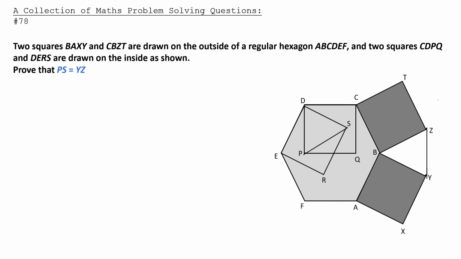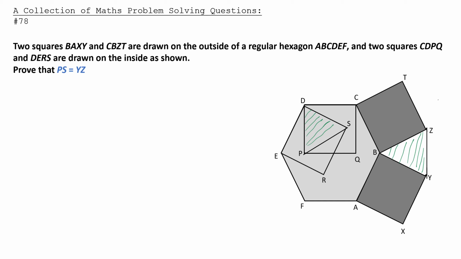Now if you notice the lines PS and YZ, you see they are part of two triangles. So this is the triangle they are part of, triangle PDS and triangle BYZ.